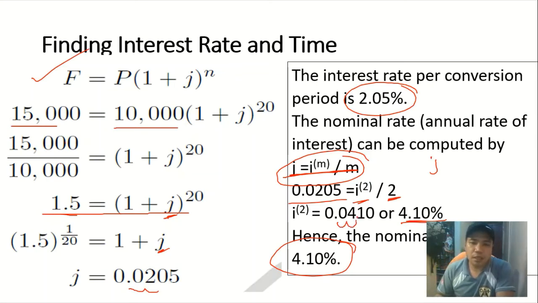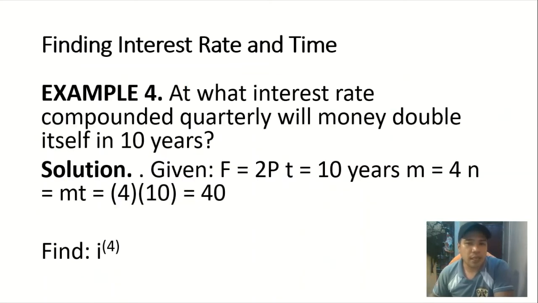And lastly, at what interest rate compounded quarterly will money double itself in 10 years? It is a bit confusing, but we will digest it one by one. At what rate? Interest rate, so the missing value is i.